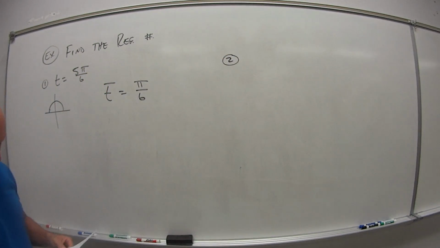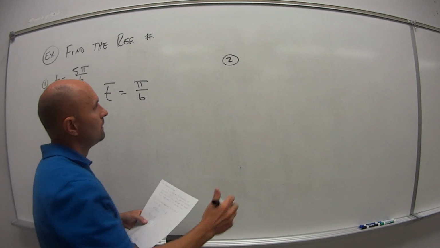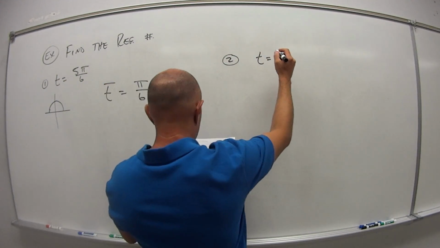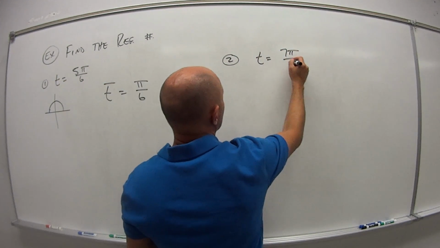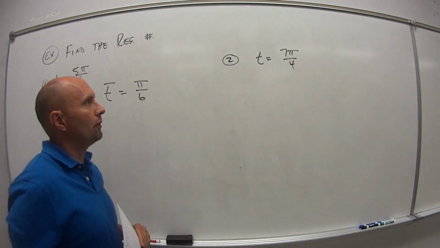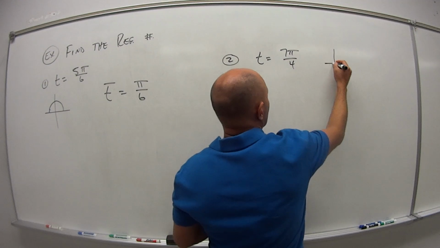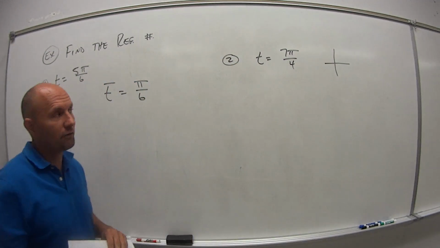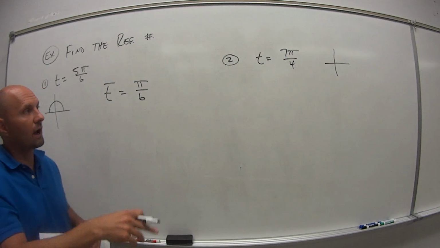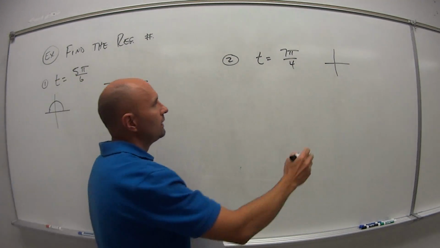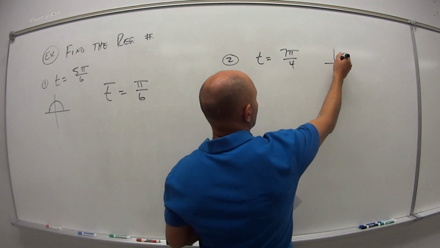Example 2. If t is equal to 7 pi over 4. So again, if we give ourselves a little sketch, it's positive, so we're going counterclockwise around the circle. 7 pi over 4 puts us where?